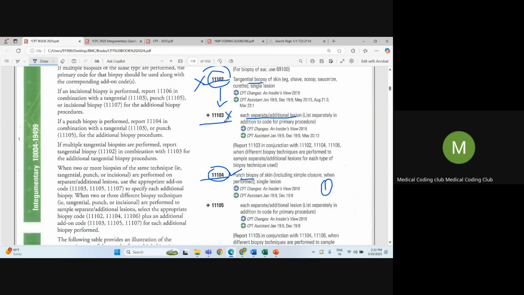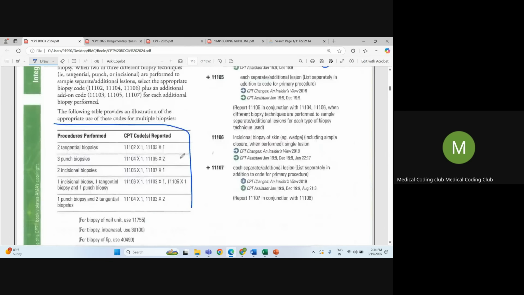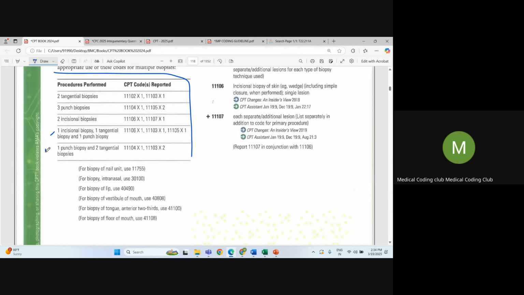So here you have to give units. As 2 lesions were performed, you can code 11103 with units 2. This is the coding guideline we have. You can check here, when you have multiple techniques and multiple lesions performed on the same day, you are supposed to utilize only one primary code. The remaining should be coded using the corresponding add-on code for the particular technique.